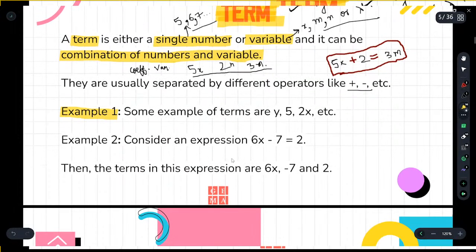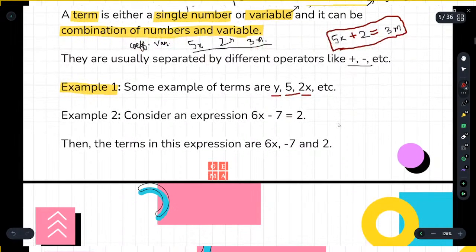So what's there? Example number 1. Some examples of terms are y, 5, 2x, etc. And another example is 6x minus 7 is equal to 2. What are the operators here? Minus and equal. And what are the terms here? 6x, 7, 2. Coefficient is 6.